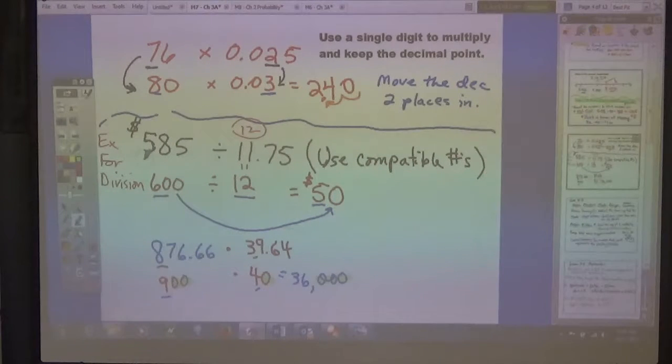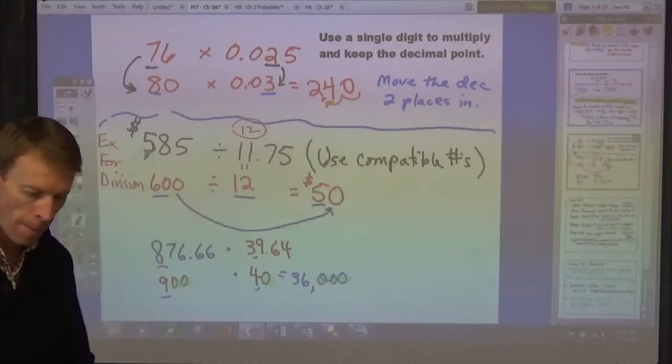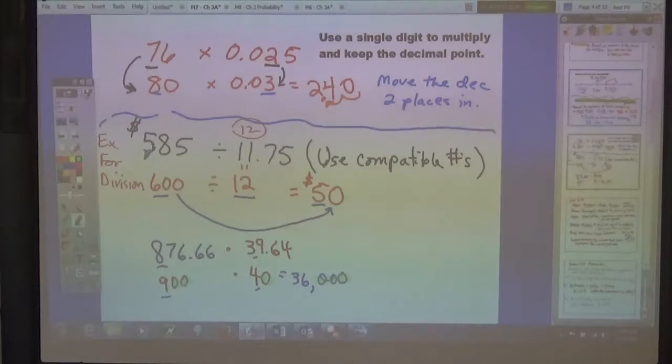And so the directions say to estimate the products first, so then you're going to multiply and use single-digit multiplication. And then in example 3, in that section, you should use compatible numbers.